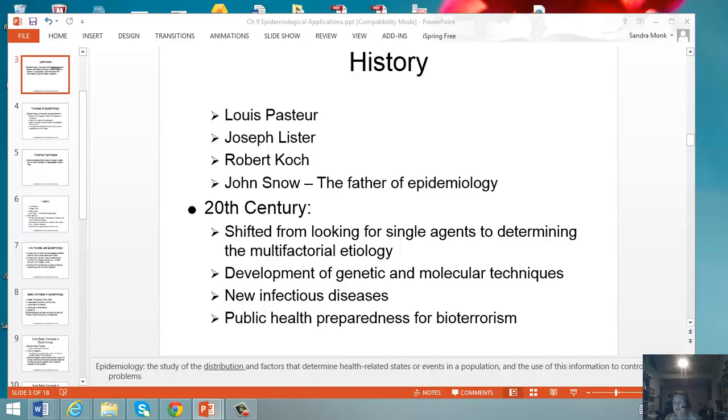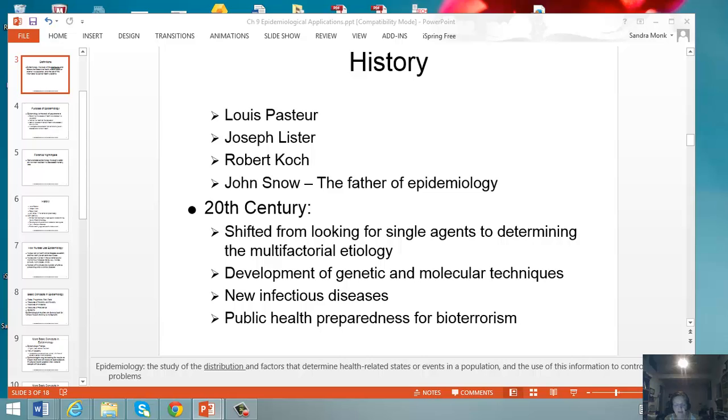Other history related to epidemiology: Louis Pasteur developed pasteurization. It was not new to the 19th century. It goes all the way back to the 4th century BC, when Hippocrates was the first person to use ideas which are now epidemiology, to investigate and look for sources of disease.